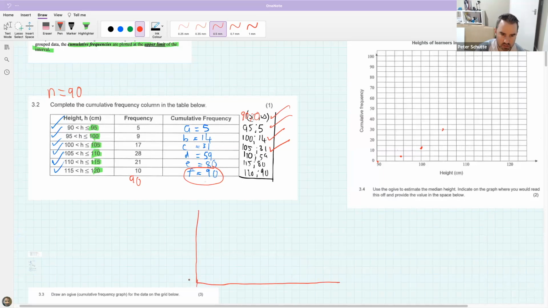You're going to have to start at 90 and then have 100, then 110, 120. And on this axis, you're going to have 0, 10, 20, up to 100.